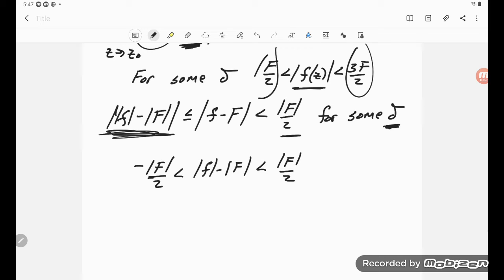Now add the absolute value of F to both sides, and that's where I get f is between, oops, not minus, plus the absolute value of F over 2, and 3 times the absolute value of F over 2. So that's where I get that inequality.